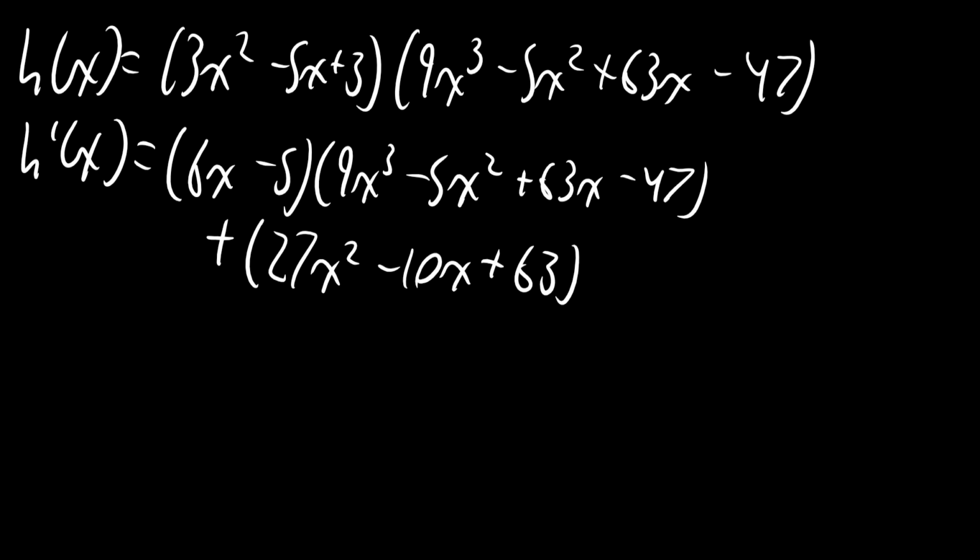The derivative of constants is still 0, and then multiplied by the first part. Simply, just like that. Now we could expand and simplify, but do you really want to? I don't think you do. Lots of questions that look like this, that have huge functions, will just say derive in one line, you don't have to simplify.